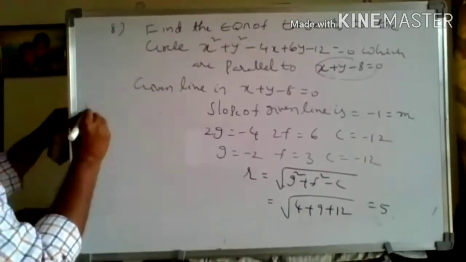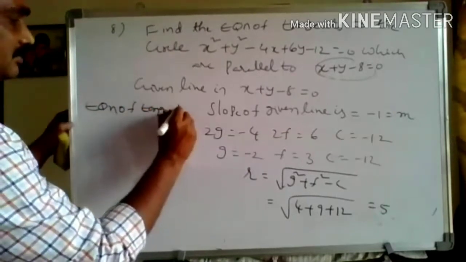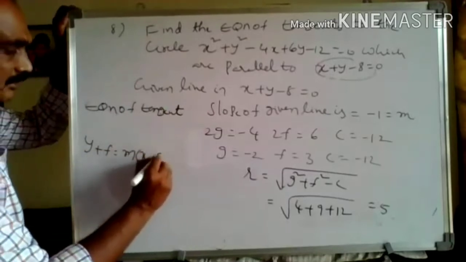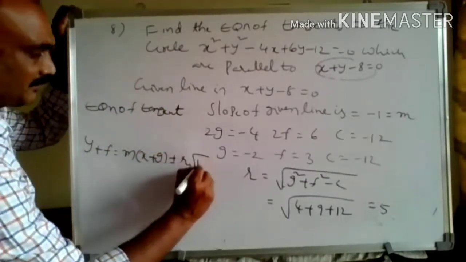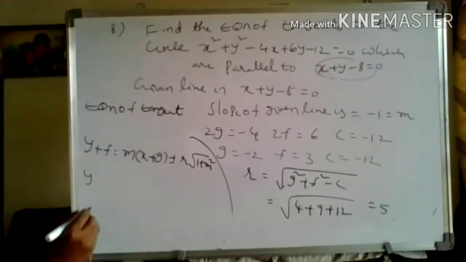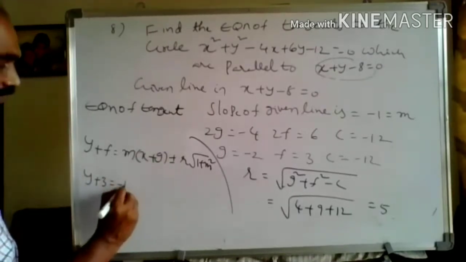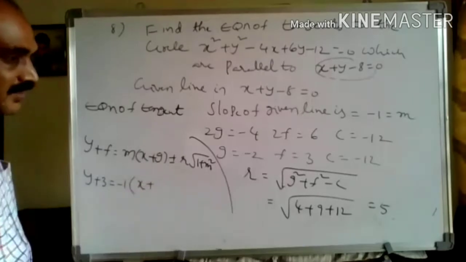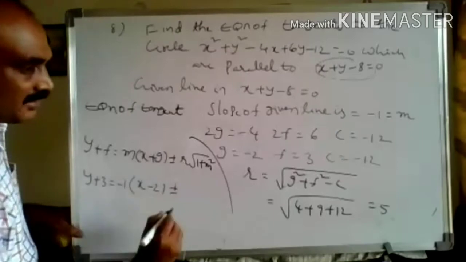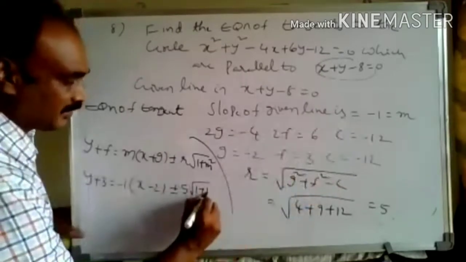Next, the equation of tangent. y plus f is equal to m into (x plus g) plus or minus r into root 1 plus m square. So y plus 3 is equal to minus 1 into (x minus 2) plus or minus 5 into root of 1 plus (minus 1) whole square.